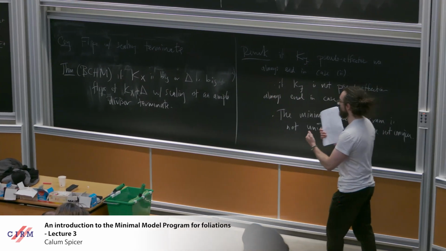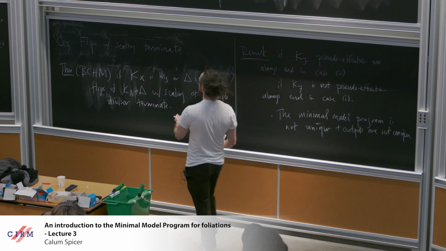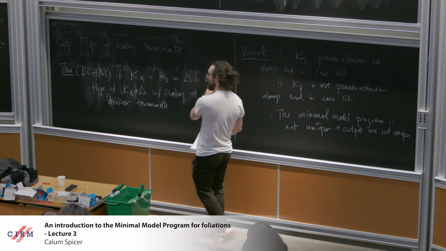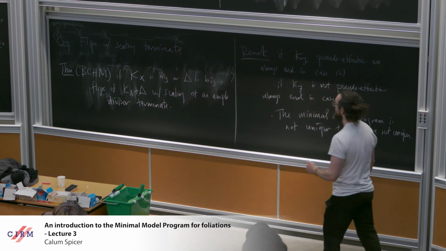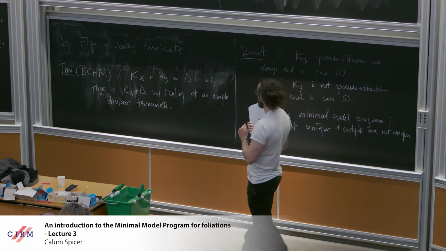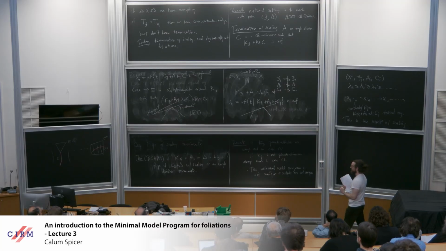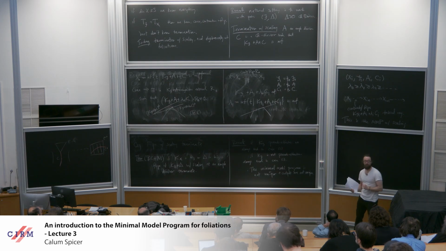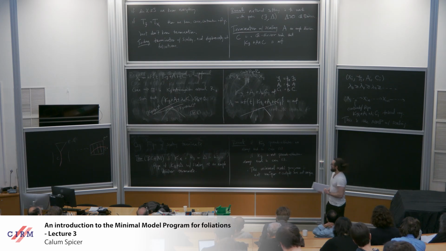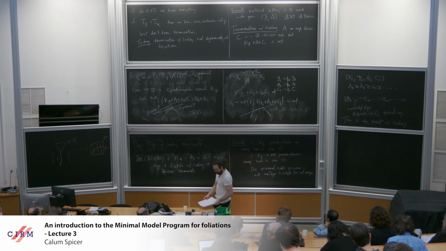So if you have some additional positivity, either K_X is big or your boundary is big, which is why it's sometimes important to work with a boundary, we can actually get termination of flips with scaling. To my knowledge, this is the best termination theorem that we know. And in practice, it's good enough for many applications.